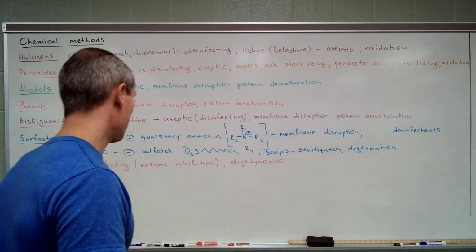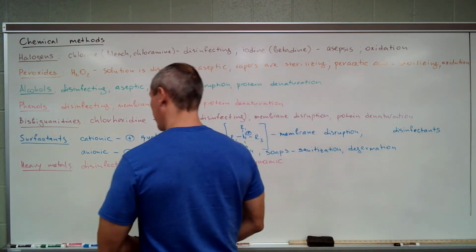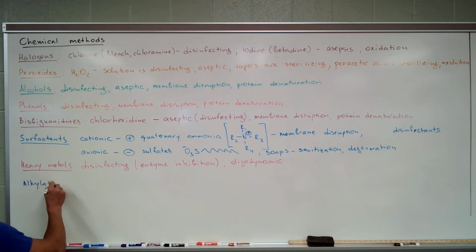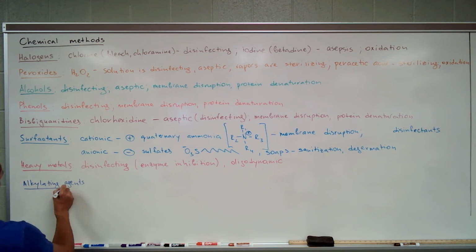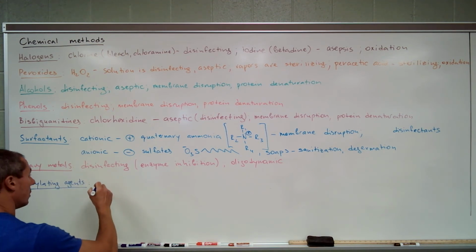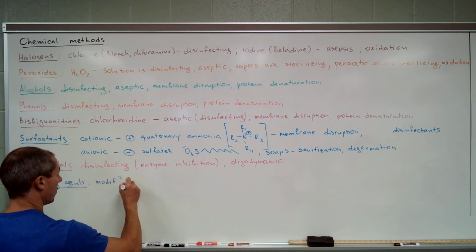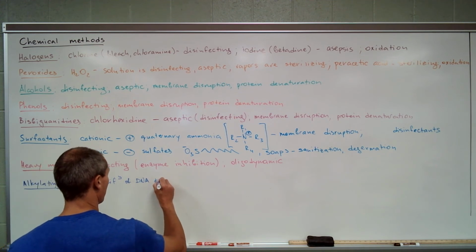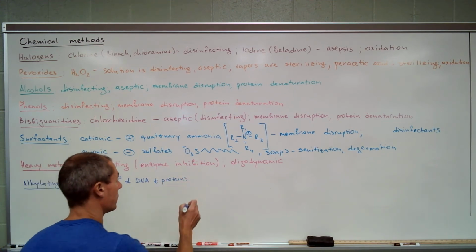So very last group here will be alkylating agents. If they are used properly, they modify DNA and proteins, essentially resulting in denaturation.